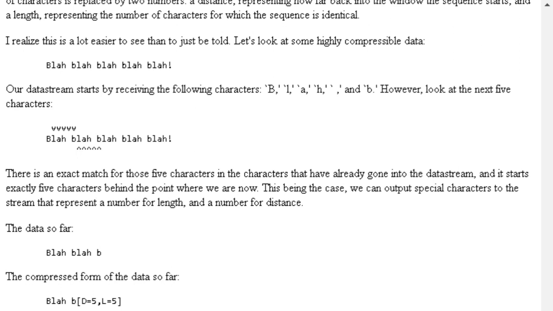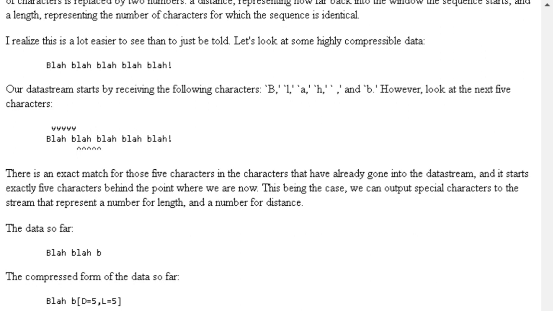Okay, so there's an exact match right there. There is an exact match for those 5 characters in the characters that have already gone into the data stream, and it starts exactly 5 characters behind the point where we are now. That being the case, we can output special characters to the stream that represent a number for the length and a number for the distance.